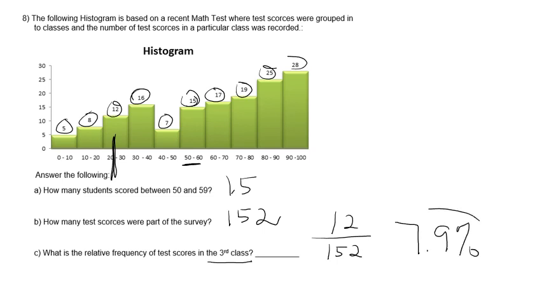So about 7.9% is the relative frequency. Remember, frequency is how many. Relative frequency is the proportion with respect to the total number of data values collected, right? So I think this is the end of this particular worksheet. Good luck with it. Practice, practice, and practice, right?